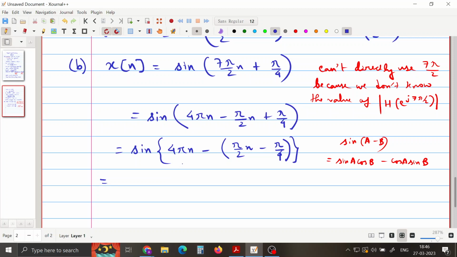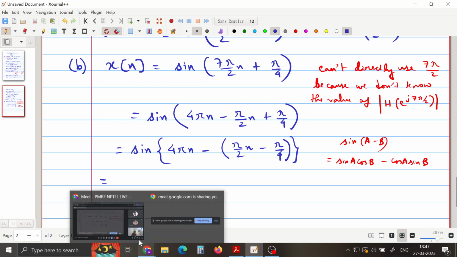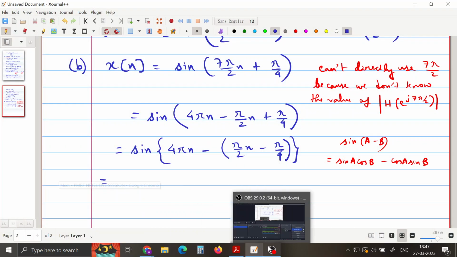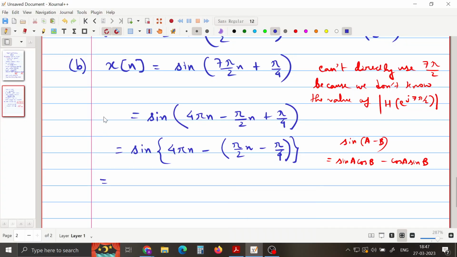So what is sine of 4 pi n? Okay, we are expanding this using sin A minus B formula. So the first term will be this times cos pi by 2n minus pi by 4. Okay, and then we have minus cos A sin B.